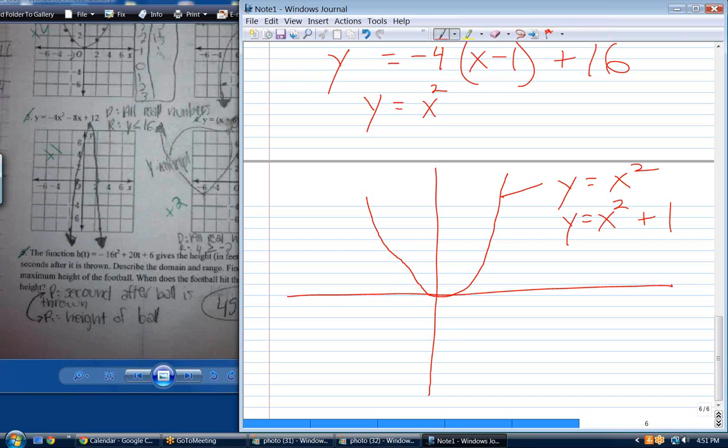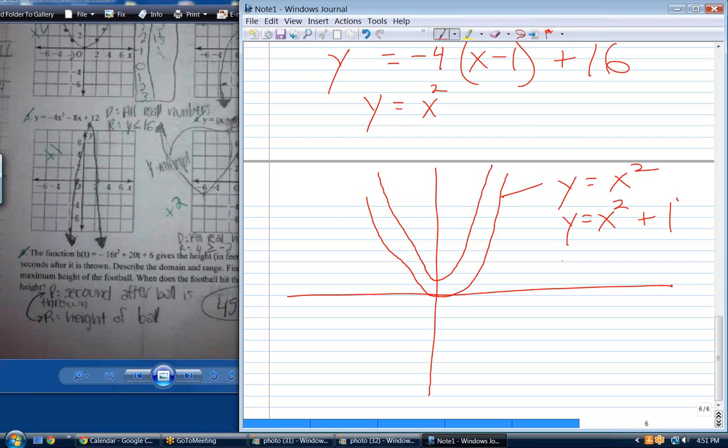You have two different kinds of vertical movements. You have a vertical shift and you have vertical stretches or shrinks. In this case, because the 1 is way over here on the right, it's a vertical shift, meaning it does not change the shape of the curve, merely moves it up by 1. So it would do that. Notice that that is a shift, not a stretch. It does not change the shape of the curve.